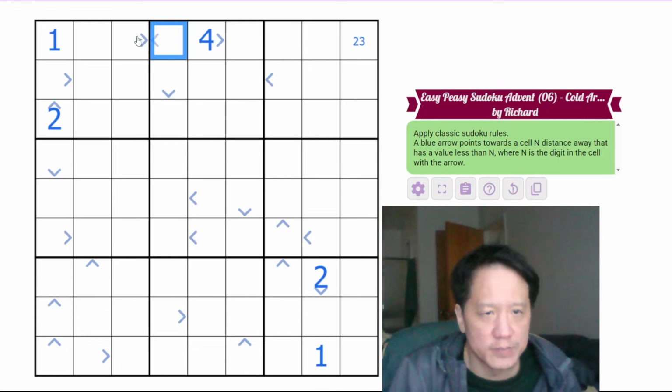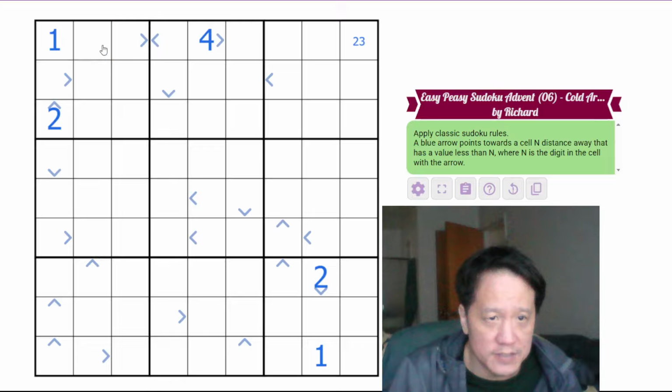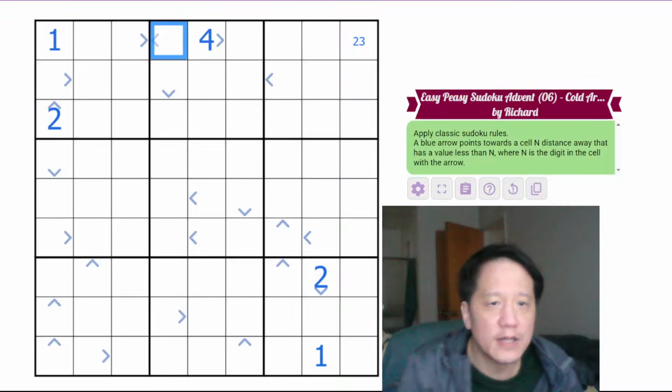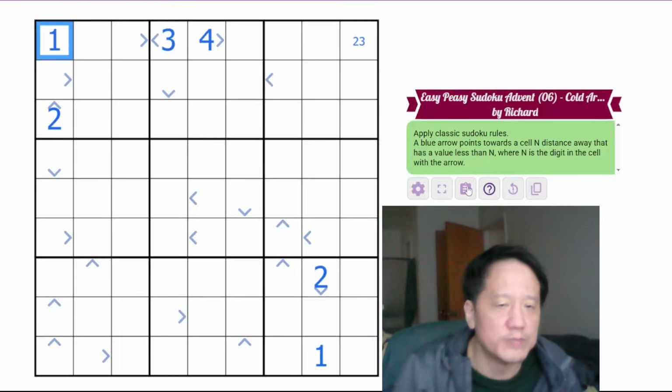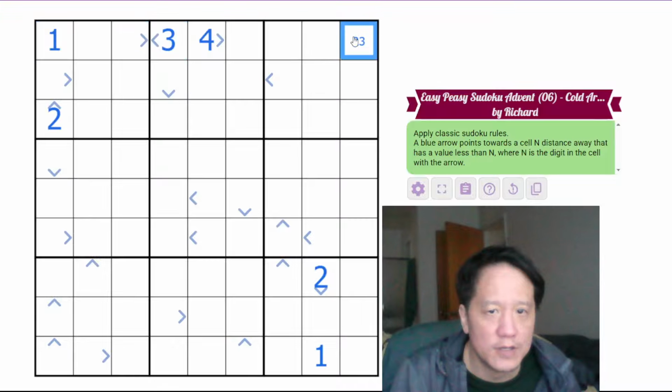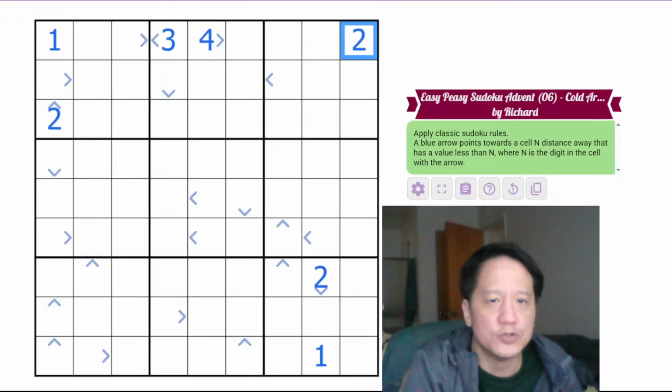If this is 2 away, that means this digit has to be 1, which is not possible because we have a 1 there. So this has to be 3 away, which means this is 1 here. That means this can't be 3, this is 2.